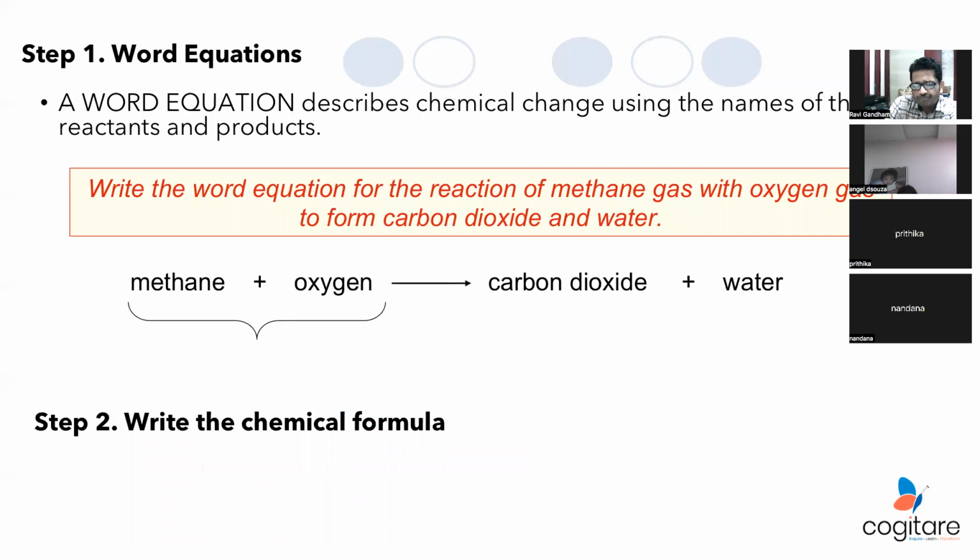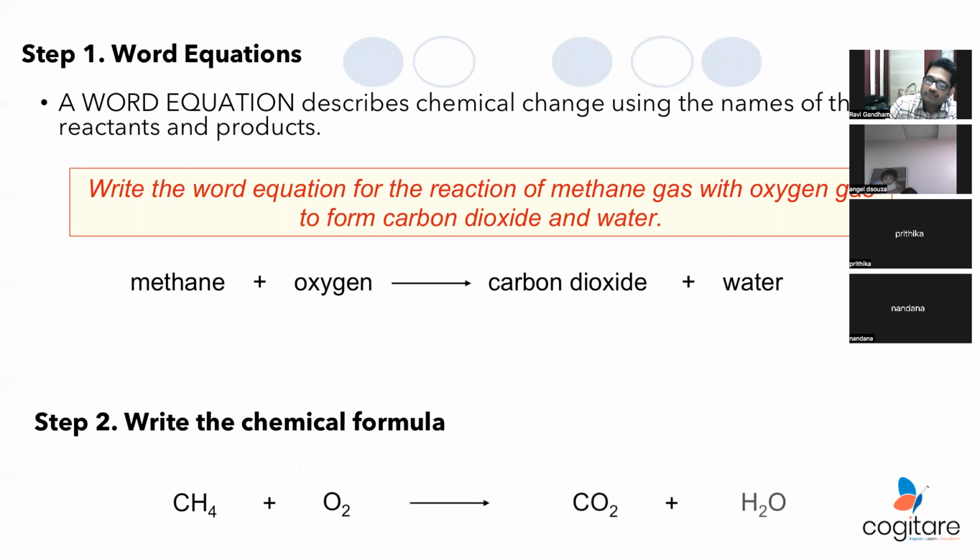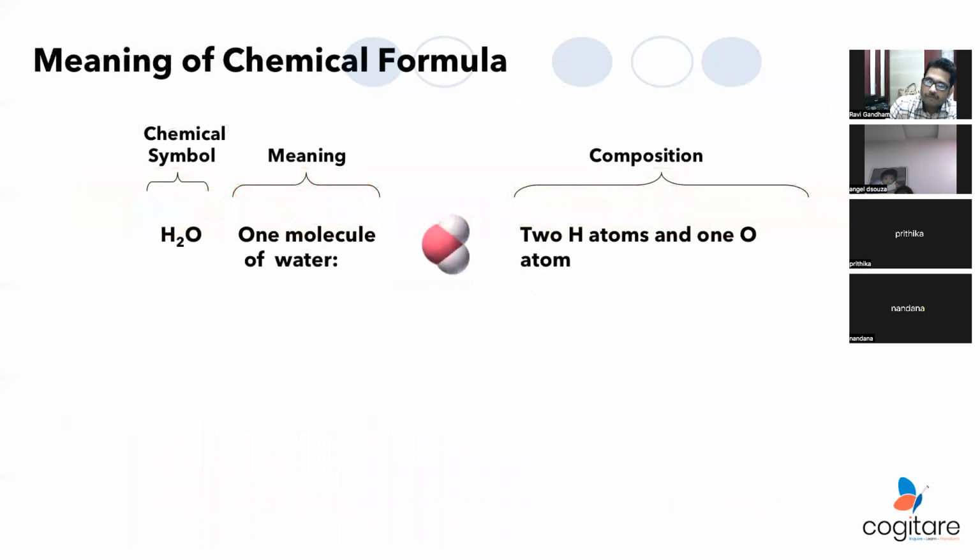Then you know that these are reactants and these are products. Then you start writing the formulas on both sides. Is that okay? Yes, sir. Okay. Then you balance the equation. We'll get into balancing later on.